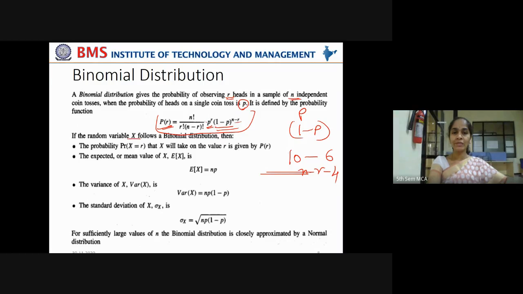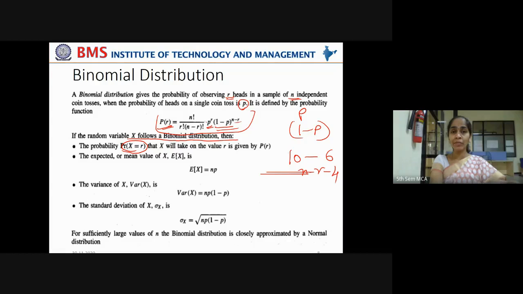If the random variable x follows a binomial distribution. Now, if this random variable x in repeated experiments follows a binomial distribution, then the probability of x taking up the value of r means what is the probability of observing r heads in n coin tosses?